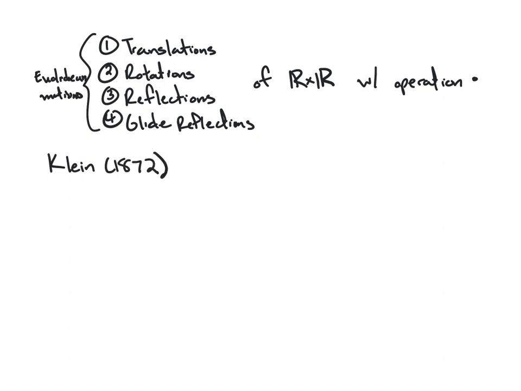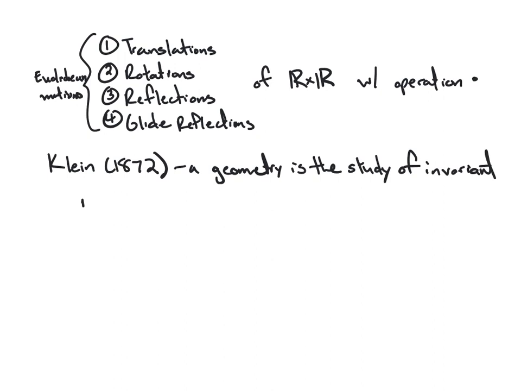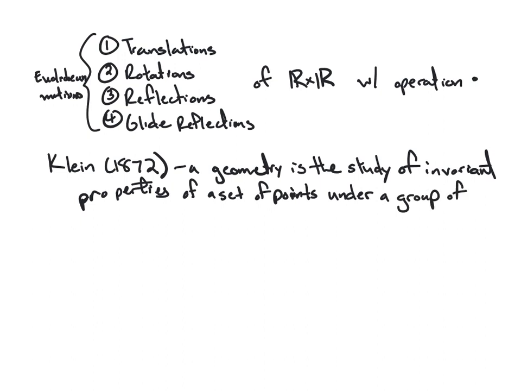He classified geometries by saying a geometry is the study of invariant properties, so things that don't vary, of a set of points under a group of transformations. Okay?